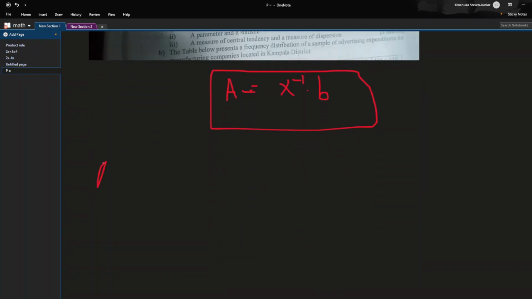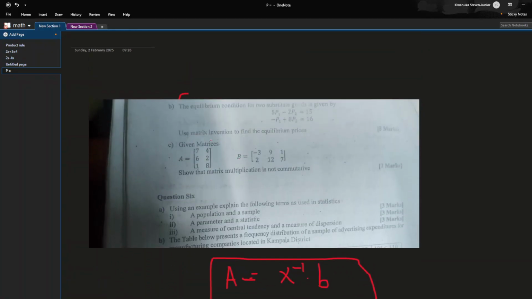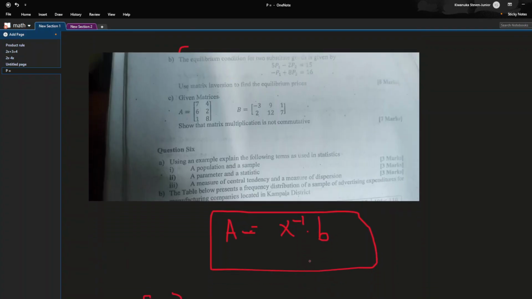A can be any value, it can be X, Y, but in this case our A is P1 and P2. X is the matrix of this, the inverse, then B equals this side, which is 15 and 16.